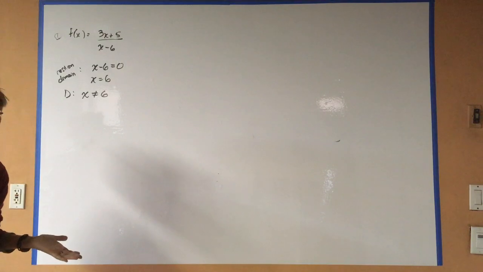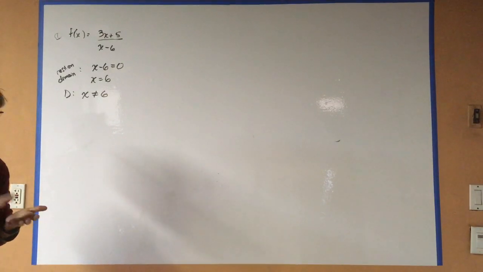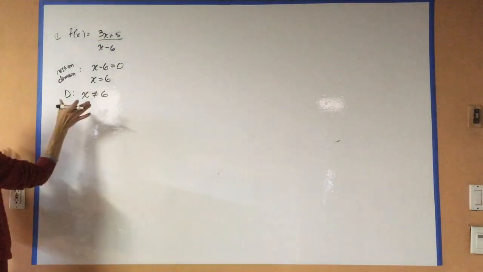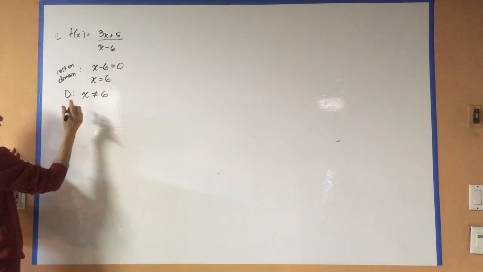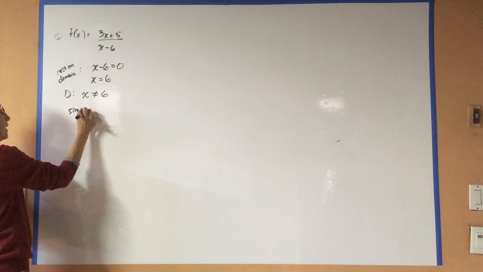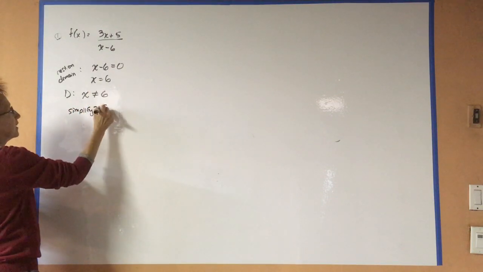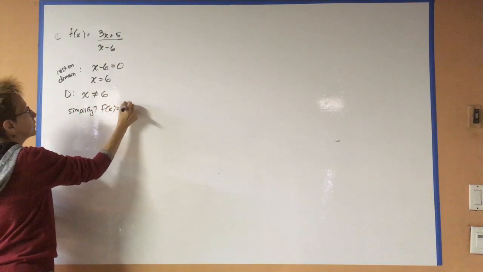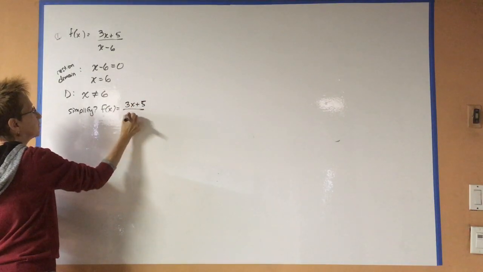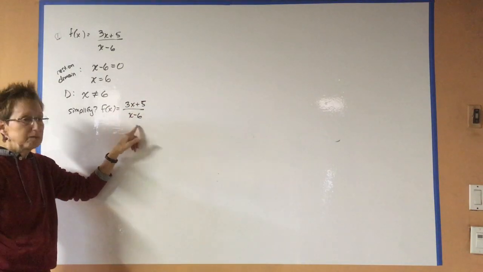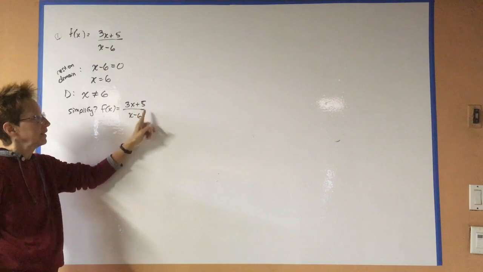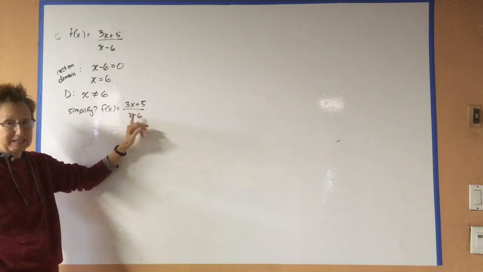Is that the vertical asymptote? Don't know yet until I can see if I can simplify this thing or not. So before I claim that that's my VA, I'm going to look at if I can simplify f of x equals 3x plus 5 over x minus 6. In other words, can I factor anything and get maybe the x minus 6 to cancel?